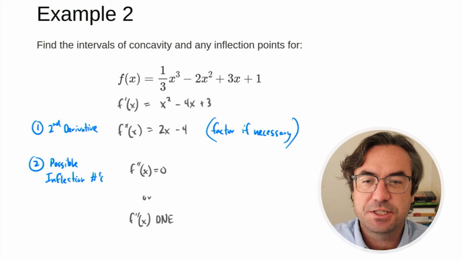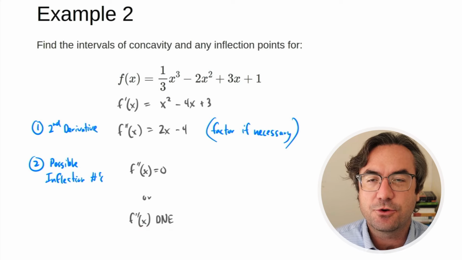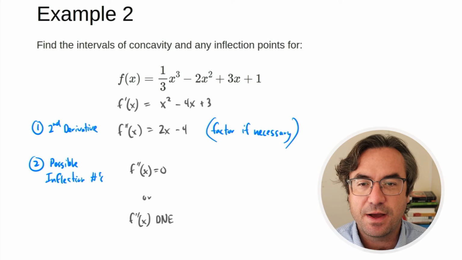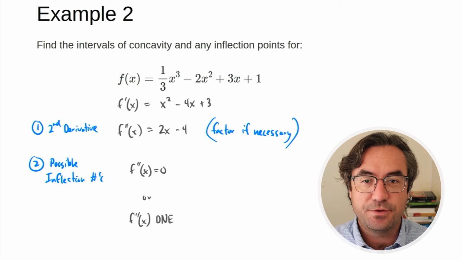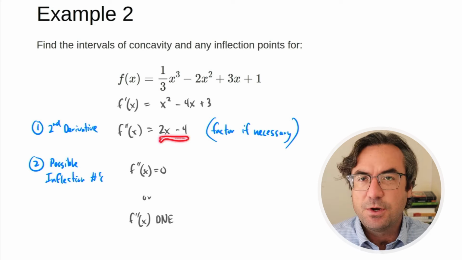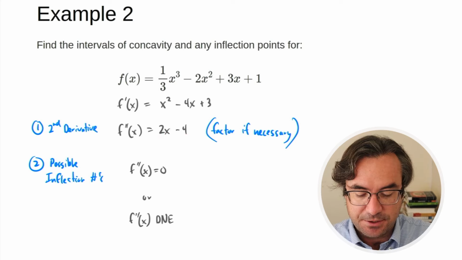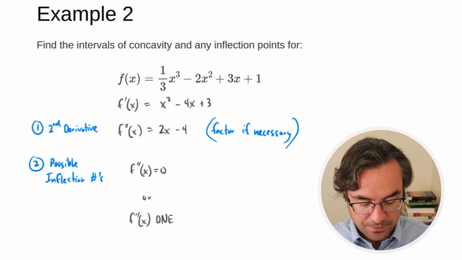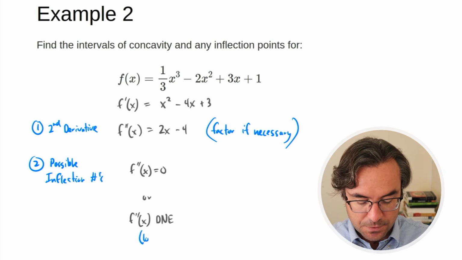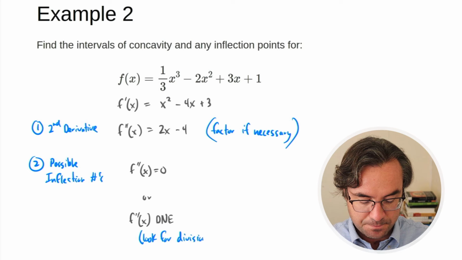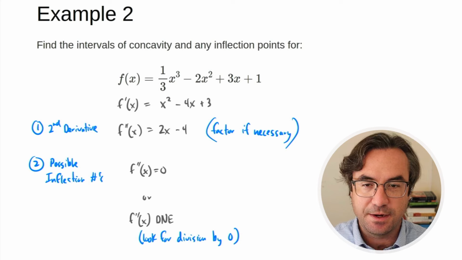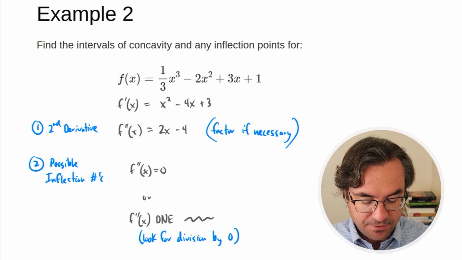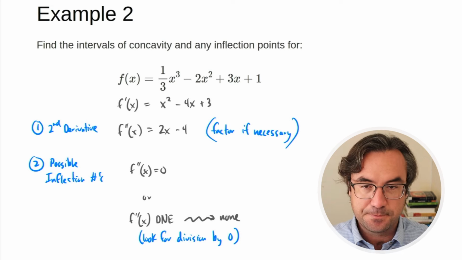We've kind of mentioned this before, but usually the most common way our second or first derivative is going to be undefined is if we have a fraction and we want to look for division by 0. We don't have any division here, so there is no division by 0. So that's really what you want to look for, division by 0, for that derivative being undefined. So in this case, we don't have any division, so none.